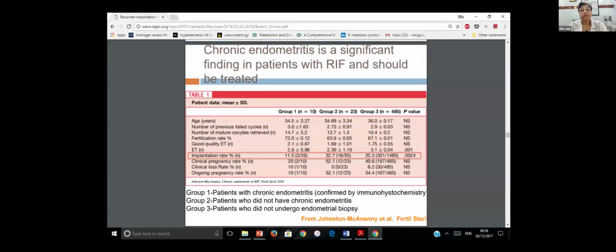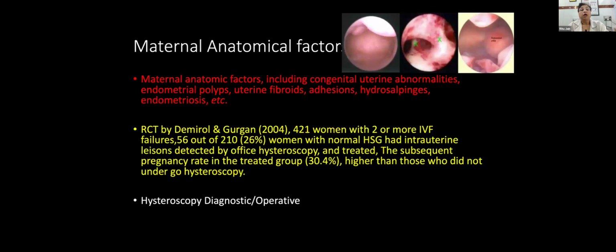So endometritis is an important aspect to be treated, and improved outcome has been shown in patients who are adequately treated. Maternal anatomical factors, be it fibroid, adhesion, polyp, Asherman, need to be treated.